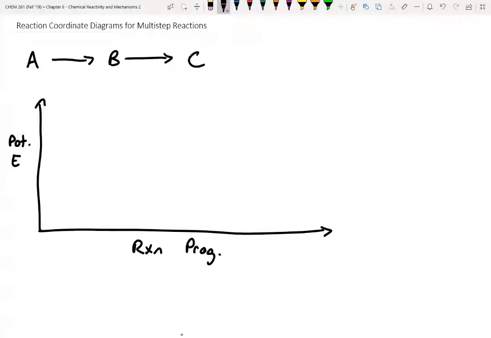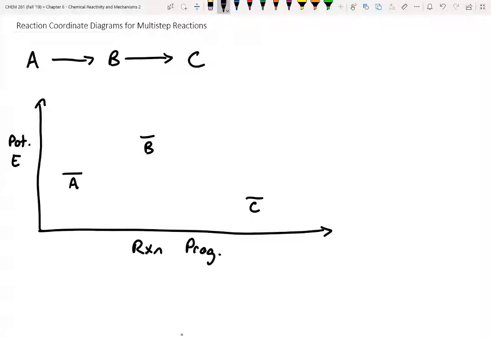All right, so let's say I've got starting material A right here at some potential energy. Let's say I've got B at some new potential energy, and then C will be down at this new potential energy here. So they're all at different potential energies, right?